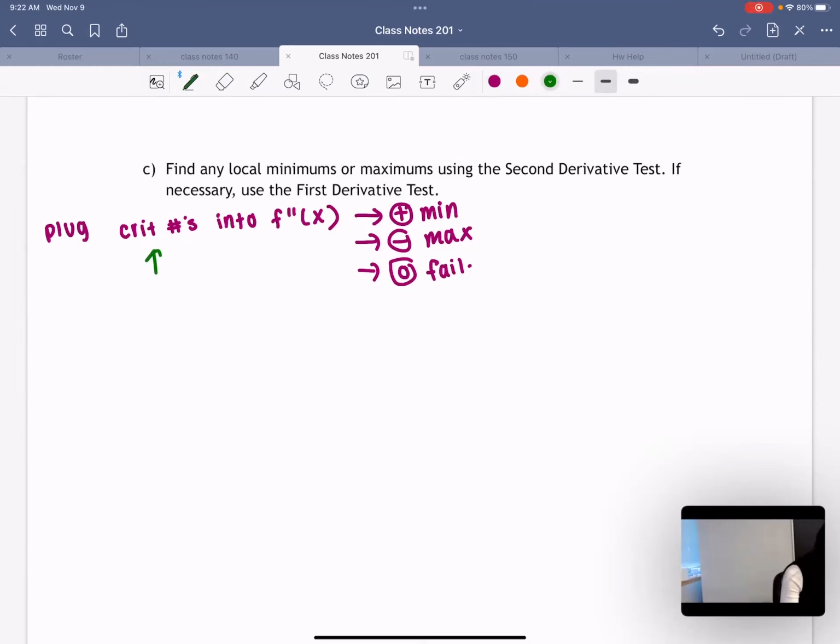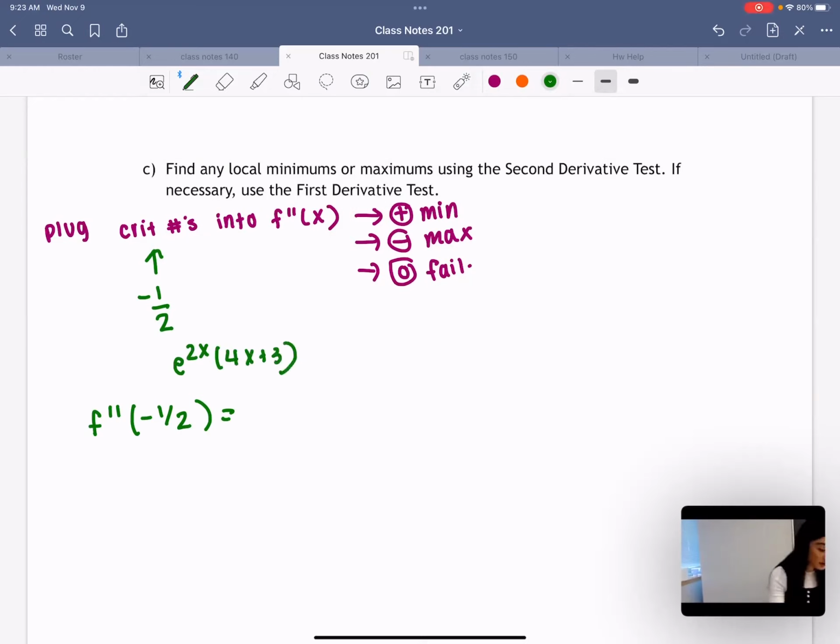Now, our critical number that we found was -1/2, right? Is that the number that we found? Yeah, okay. All you have to do is plug this into the second derivative. So plug that into f double prime. Using our notes from part A, our second derivative was, let me just copy this down, e to the 2x times 4x plus 3.